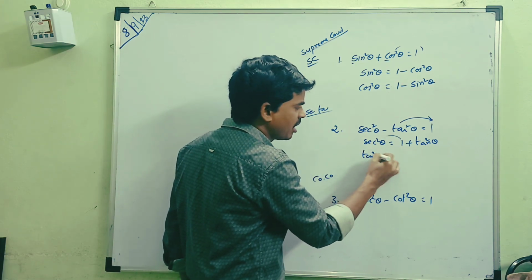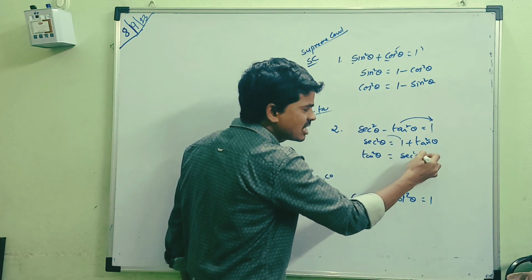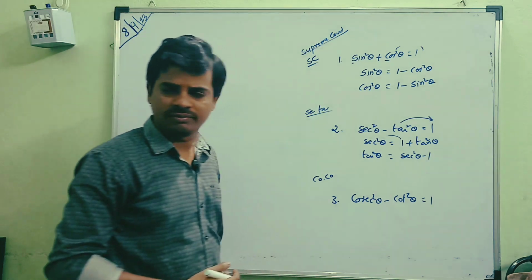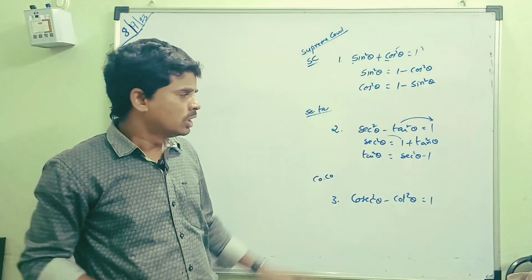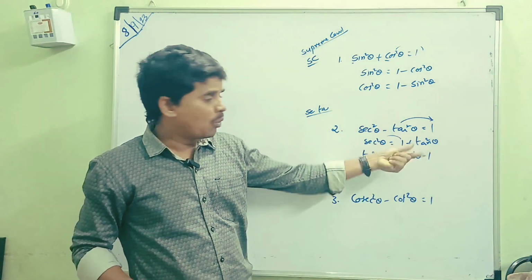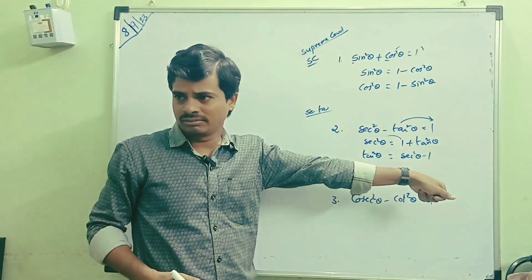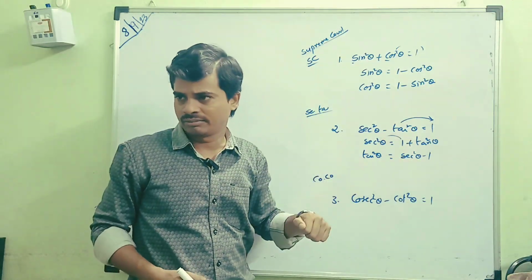Tan square theta is equal to secant square theta minus 1. So here secant square means 1 plus tan square, 1 will be positive. Tan square means secant square minus 1, 1 will be minus.